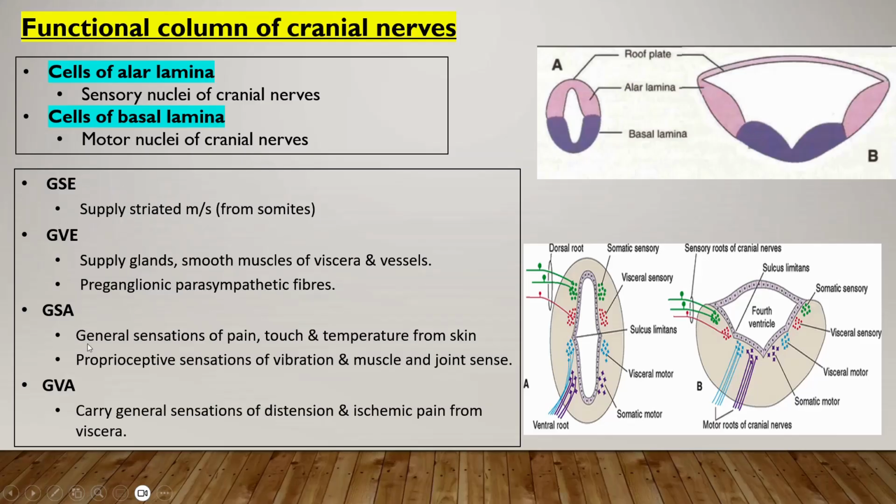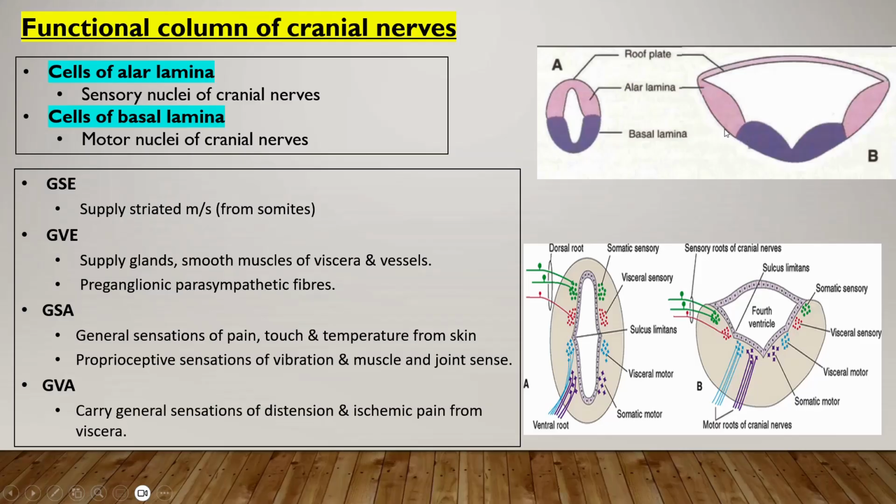So what are the general, visceral, efferent? These will supply the glands, smooth muscle of viscera and vessels, and also they will be supplying the preganglionic parasympathetic fiber, that is general, visceral and efferent.